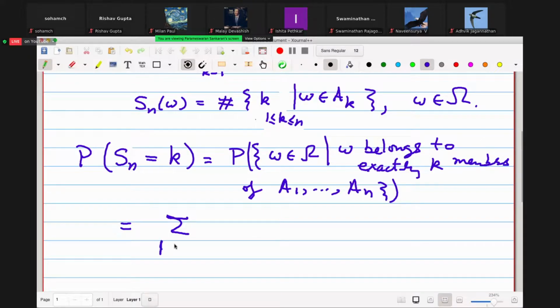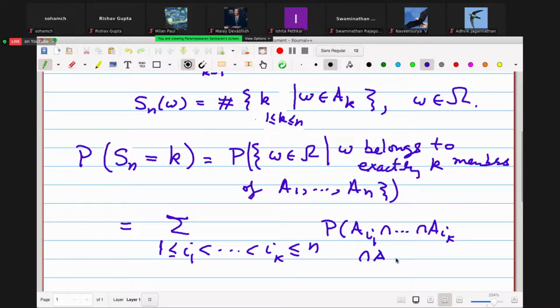The sum over 1 less than or equal to i1 less than ... less than ik less than or equal to n, of the probability of A_i1 intersection ... intersection A_ik, and it should not belong to the other ones. So let me write here A_j1 intersection ... intersection A_j(n minus k), complement.